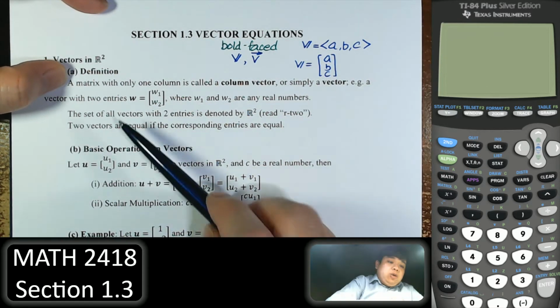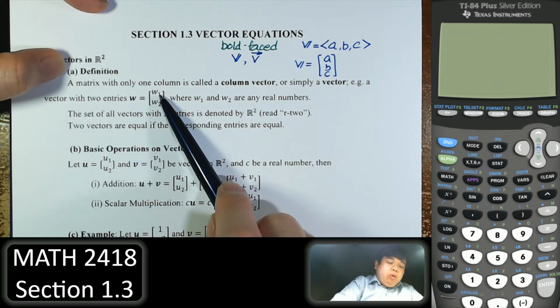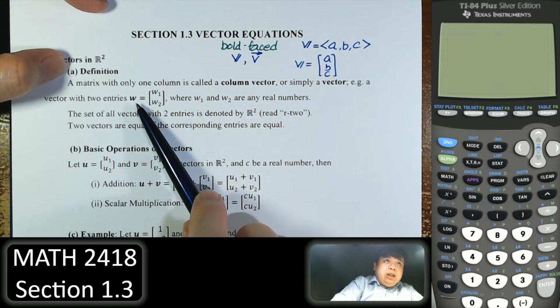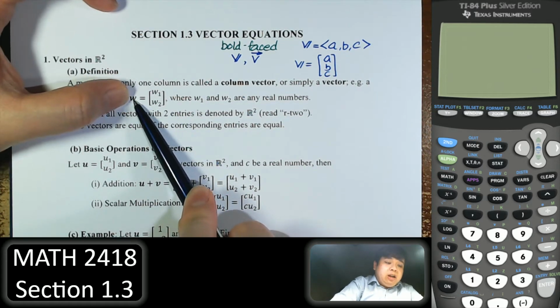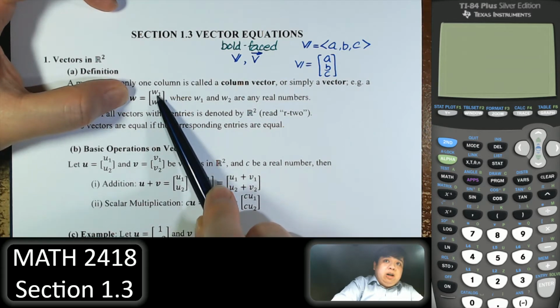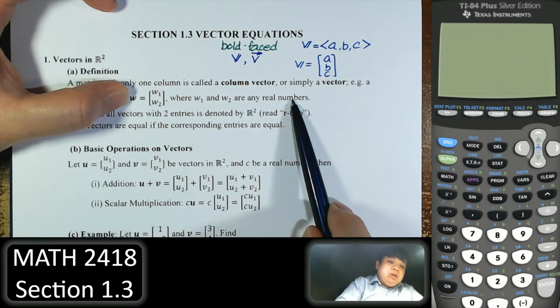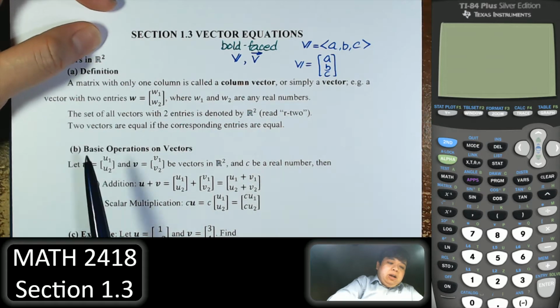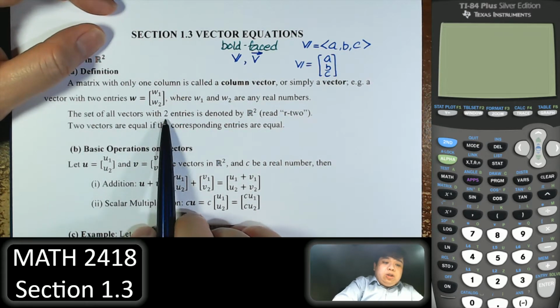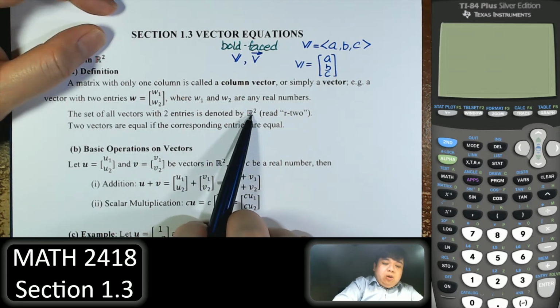Right. So if it has 2 entries, then we write w1, w2, and you see the boldface w for the vector; regular w would be just any real number. The set of all vectors with 2 entries is denoted R2.